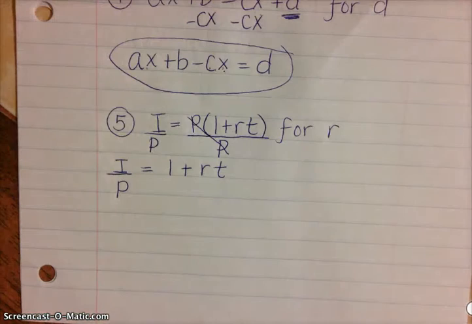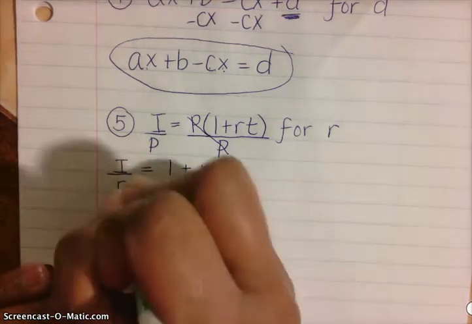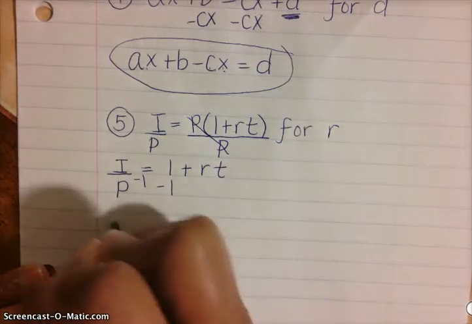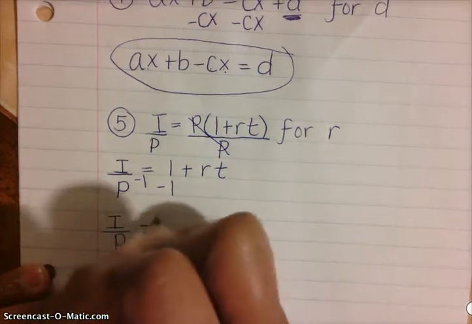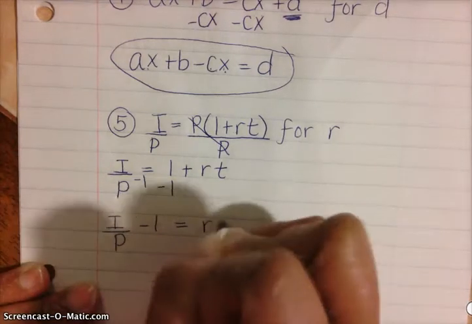Okay? And so now we're going to subtract 1 from both sides. And I'm going to have I divided by P minus 1 equals RT.